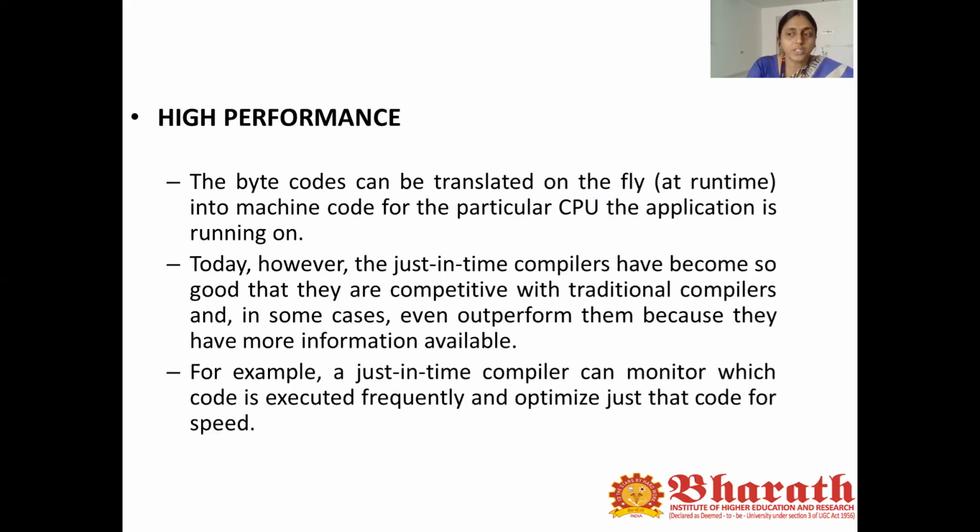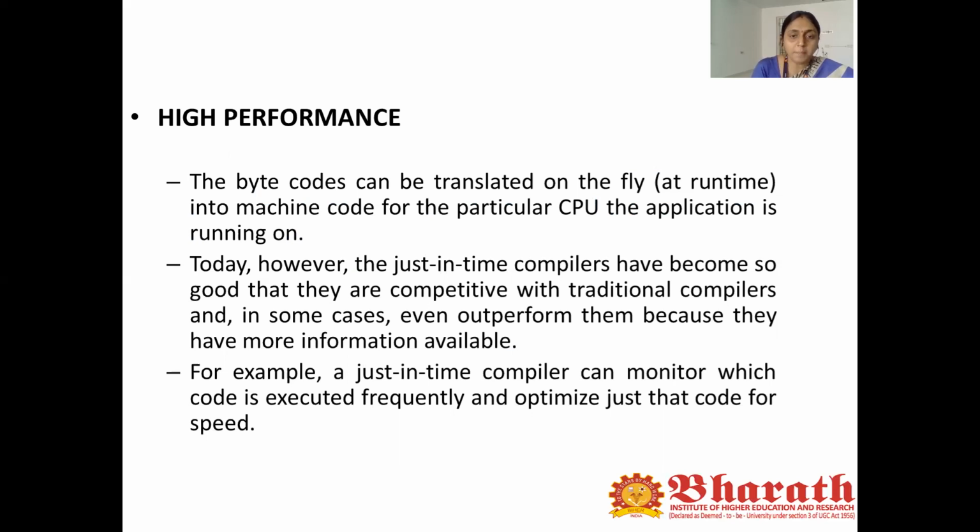And the next feature here in Java is high performance. The bytecodes can be translated on the fly at runtime into machine code for the particular CPU where the application is running. However, the just-in-time compilers have become so good that they are competitive with the traditional compilers we have so far, and they even outperform them because they have more information available.